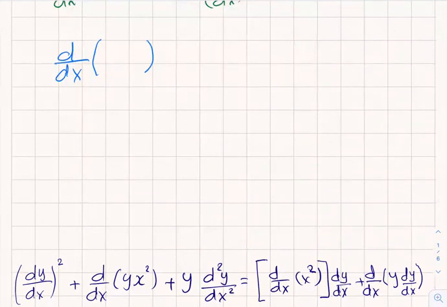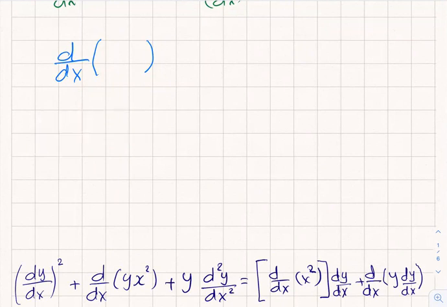So if I say d over dx of 5x squared, that means differentiate 5x squared with respect to x. In this case it is 10x. So when we have d over dx, it means differentiate whatever comes after it with respect to x.